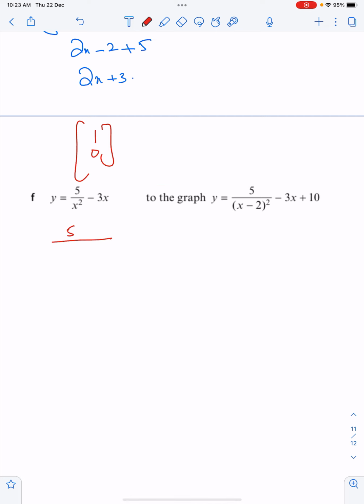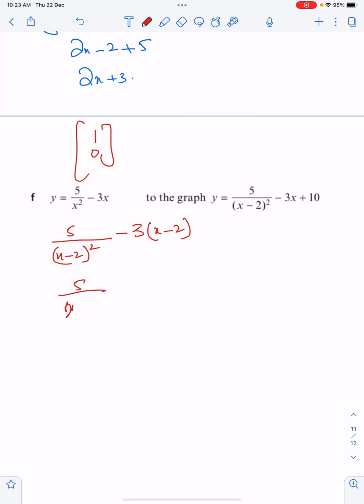Okay, 5 upon x minus 2 the whole square minus 3x, and then they are putting a positive 10 here. So if the horizontal movement is -2, that means there should be a negative x minus 2 here. Okay, let's just solve this.